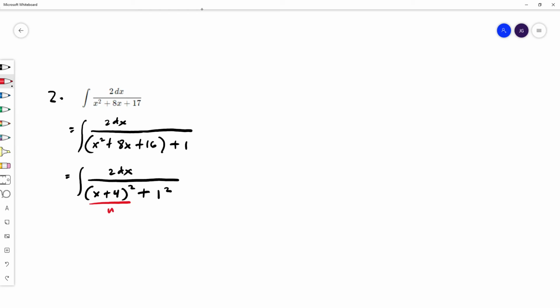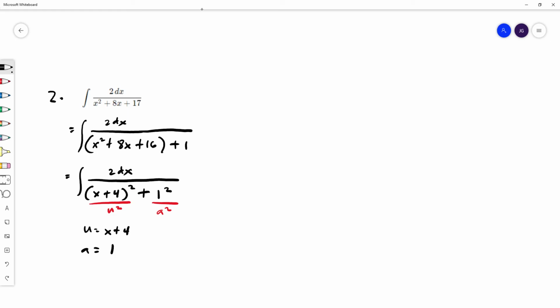This is u squared and this is our a squared. Take note that our u is x plus 4, then our a is equivalent to 1.